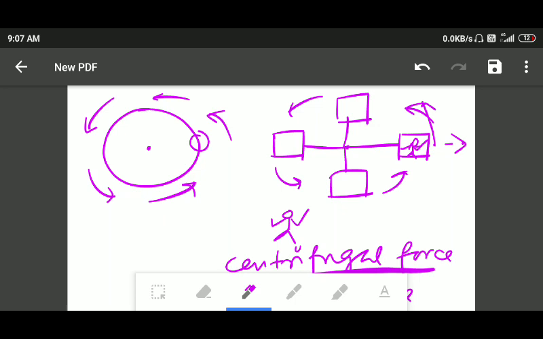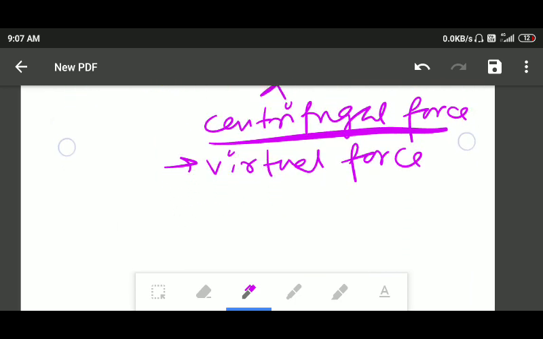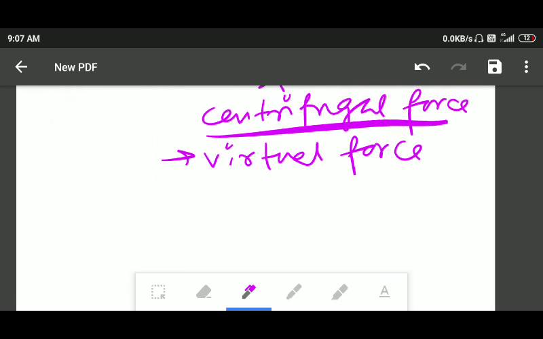Suppose you are traveling in a car or a bus, and whenever the vehicle takes a sudden turn, you will feel an outward jerk in some direction. You will just align yourself, right? That kind of force that you feel is a centrifugal force. It's not a real force, because we are just assuming that that kind of outward force can exist here. So it's a virtual force, right?